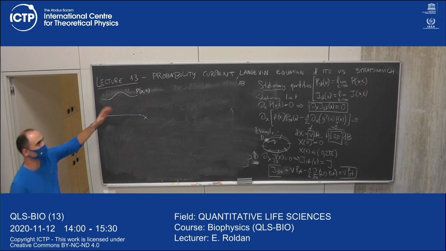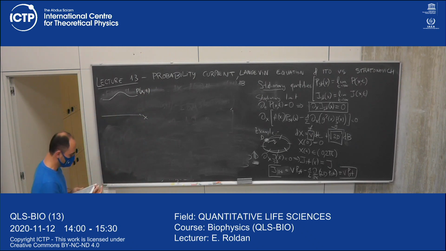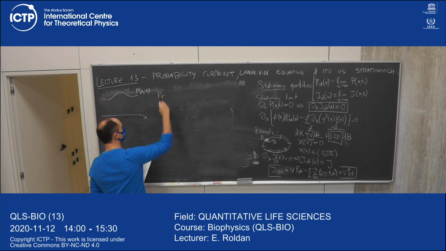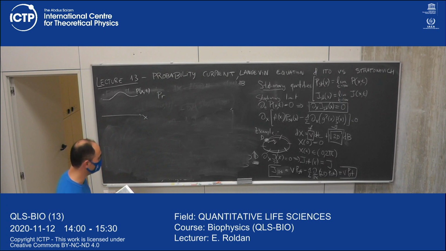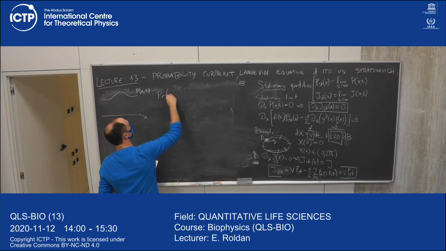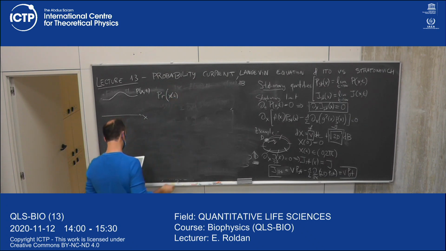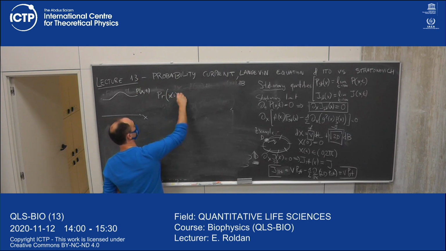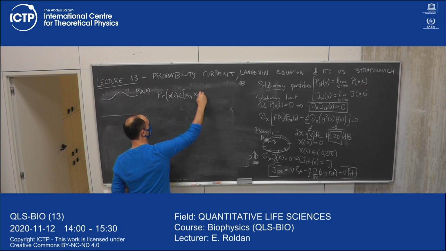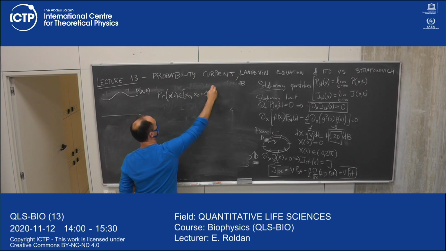Imagine it has this Gaussian shape. Now I'd like to know what is the probability that x at time t is in the interval x0 plus delta x. This is a small interval.